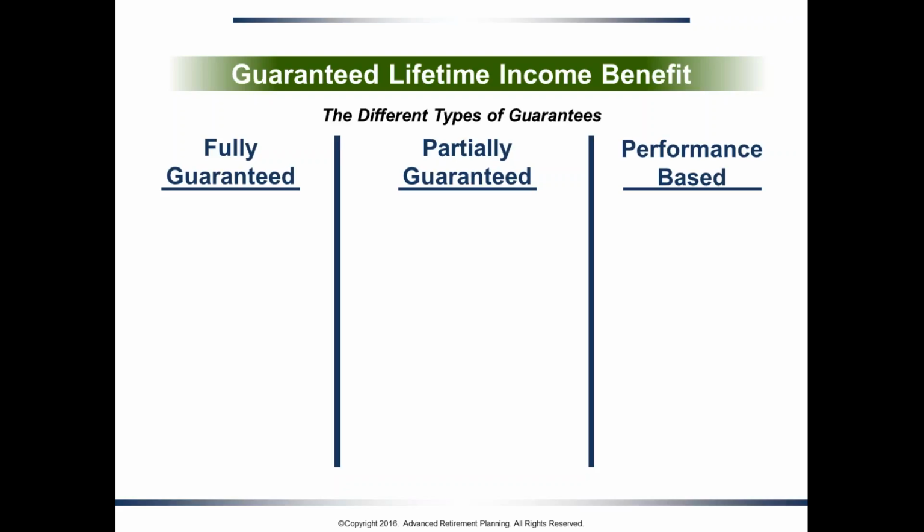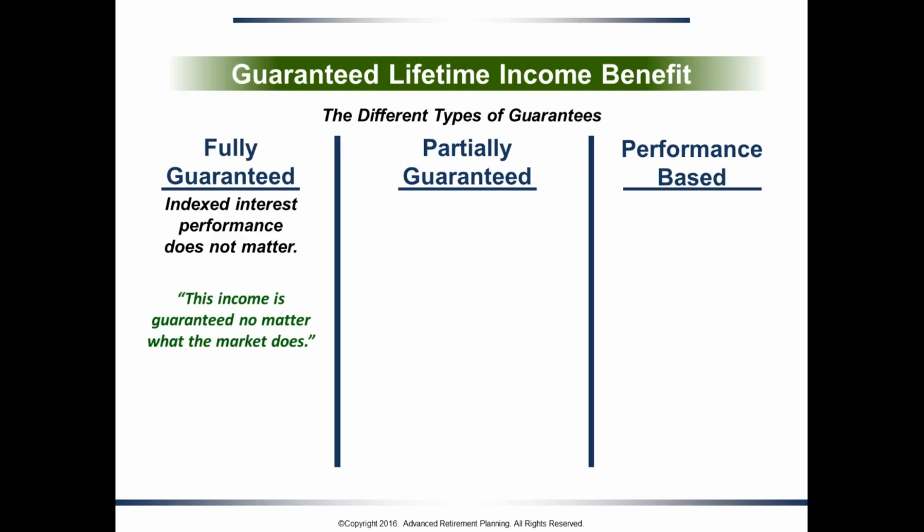Declining interest rates also led to other types, moving from just fully guaranteed to what we call partially or completely performance-based types. So let's take a look at these. When they're fully guaranteed, indexed interest performance doesn't matter at all.